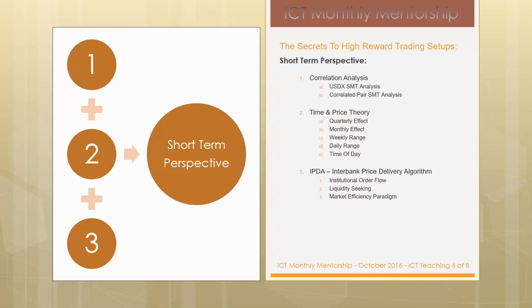We can have the correlation analysis give us an indication that we're going to be bullish on dollar, which would be bearish on foreign currencies, and time and price theory. Quarterly effect: maybe we've seen the market moving higher in recent months, and we're probably getting ready to go into a down cycle.